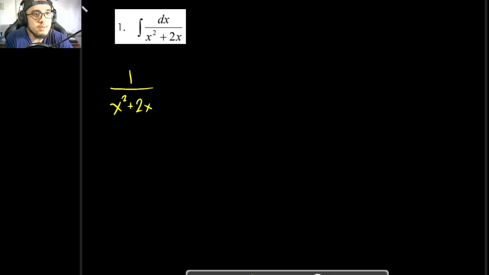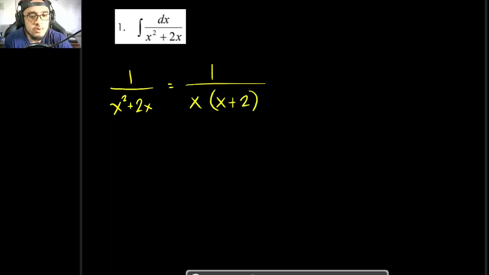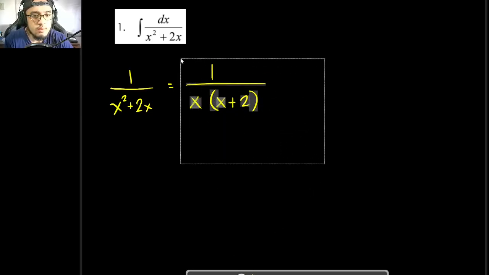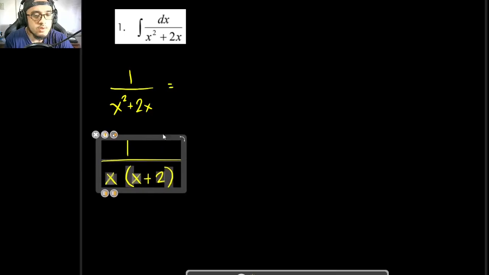So this is now equal to 1 divided by, if I factor out x in this denominator, x times x plus 2. Once again, what I did here was just factor out the variable x. So 1 divided by x times x plus 2. I would just be moving this to the bottom part for us to have space.